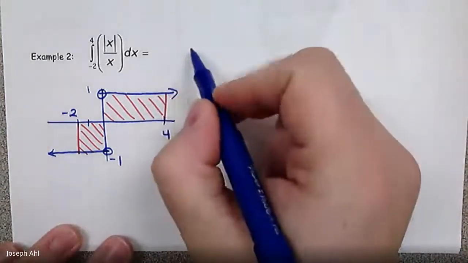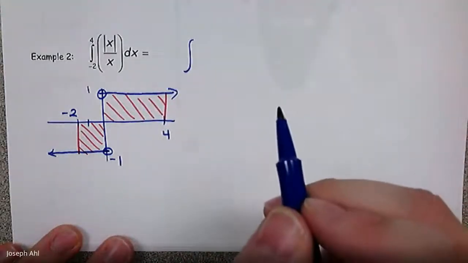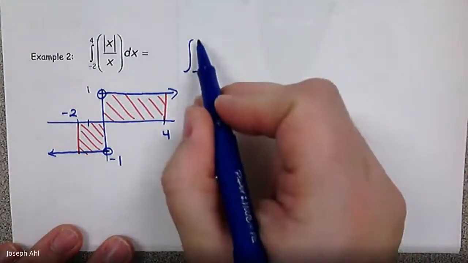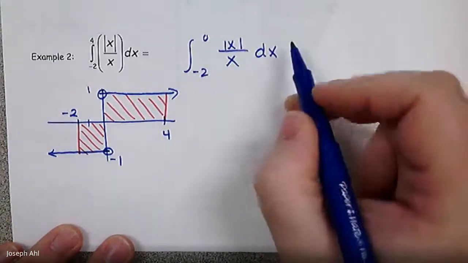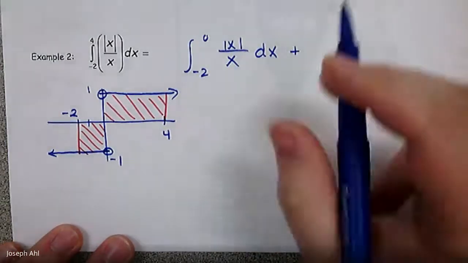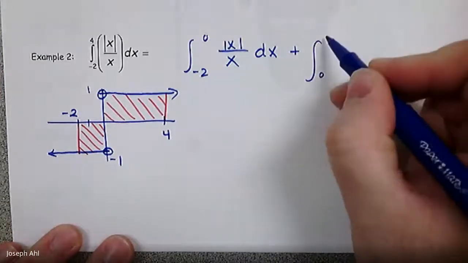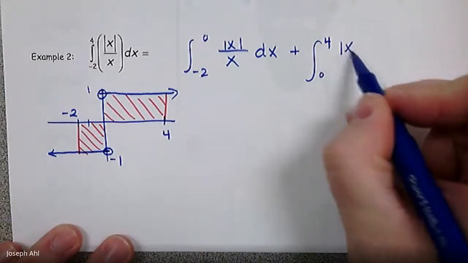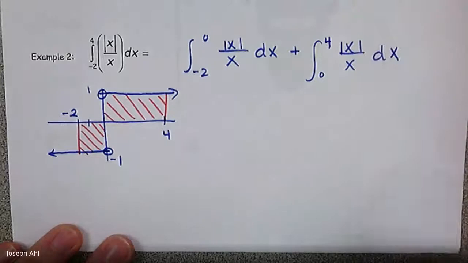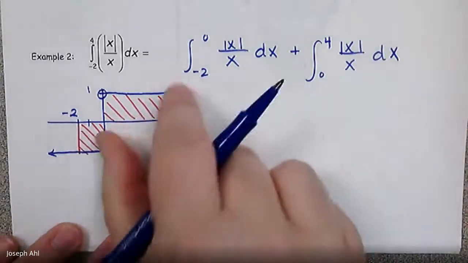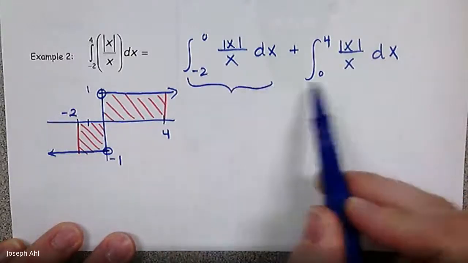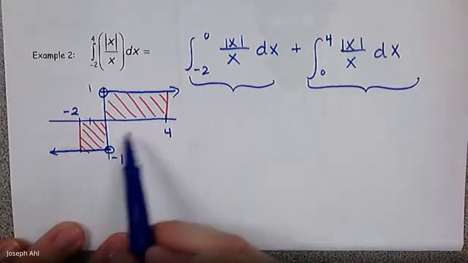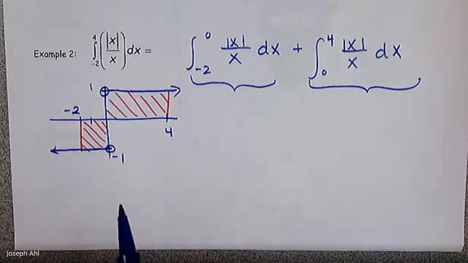So this would be equal to the area under the curve from -2 to 0 of the absolute value of x over x dx, plus the area from 0 to 4 of the absolute value of x over x dx. And the nice thing is that because I've drawn this picture, I know what those two things equal, because these are these nice constant functions to the left and right of 0.